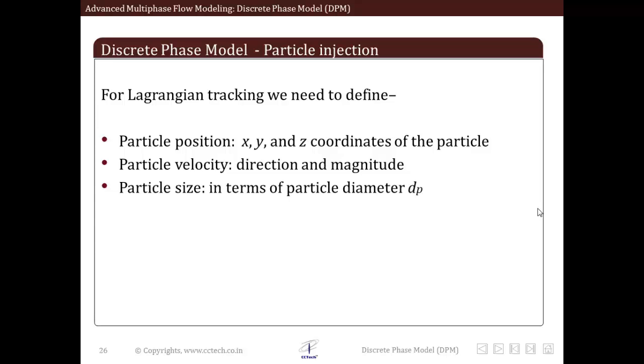We also have to define particle size, that is, diameter for spherical particles. What is the diameter of the particles or discrete phase entering the domain? If we don't have spherical particles or an exact diameter, we may use representative diameters to approximate the physics that we are modeling. We also have to define the initial particle temperature.